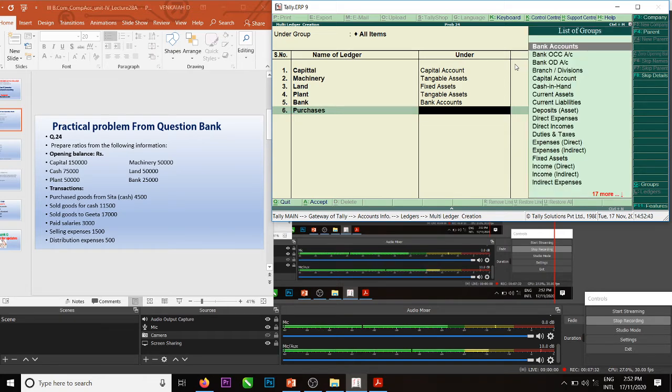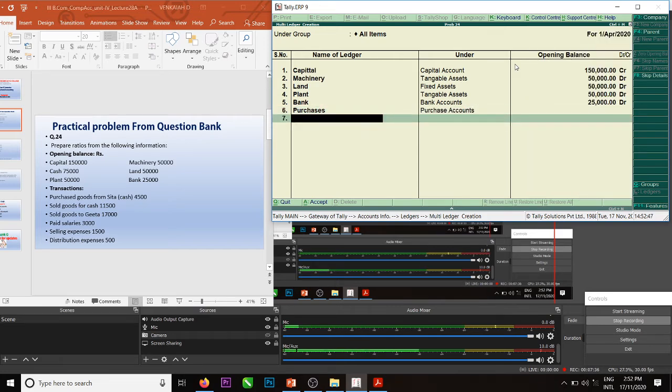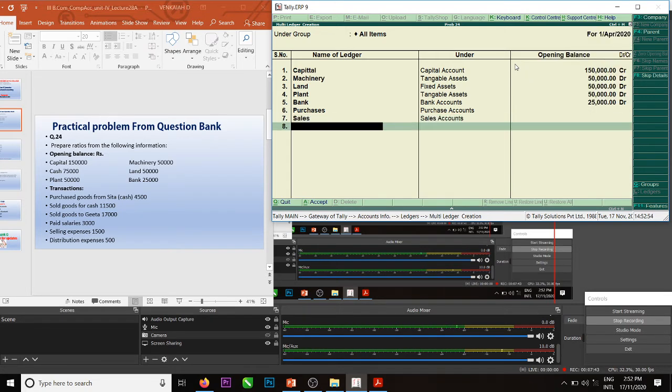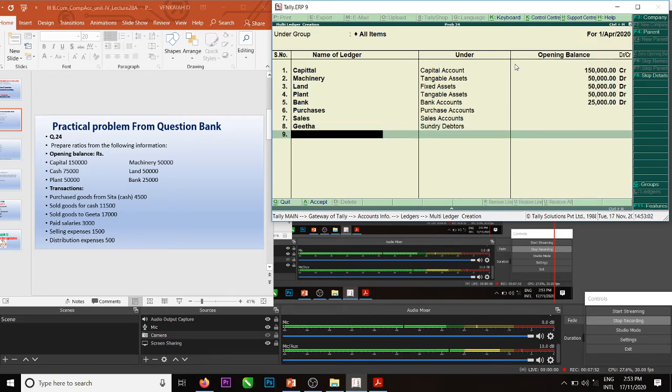Sales, under sales accounts. Geeta, sundry debtor. People who bought goods are debtors to us.